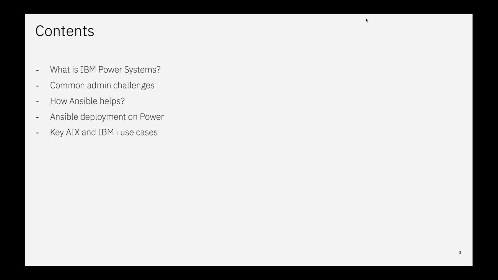For those of you that may be new to Power Systems, we're going to give you a quick crash course in Power 101, to help paint the picture of what these computers are used for. Then we'll talk about some of the common administration challenges that we hear from our clients, and how excited we are to be partnering with Red Hat and the Ansible platform to bring this new level of automation to our Power Systems customers.